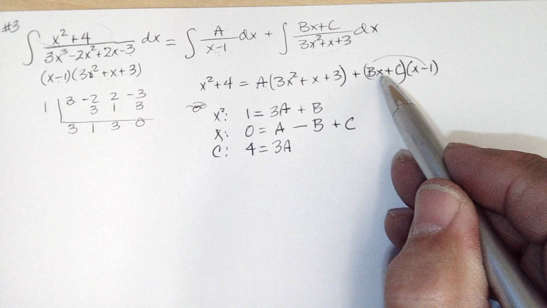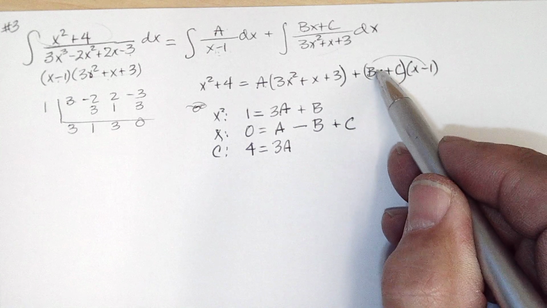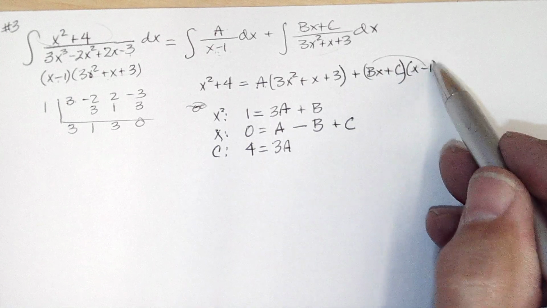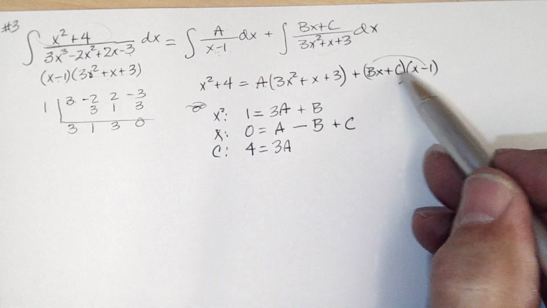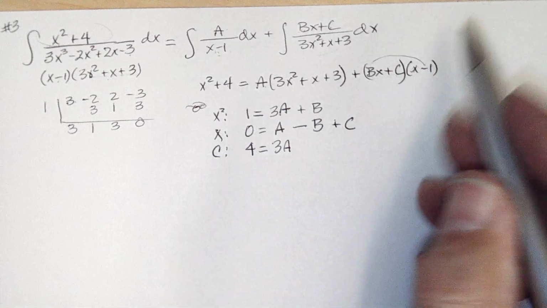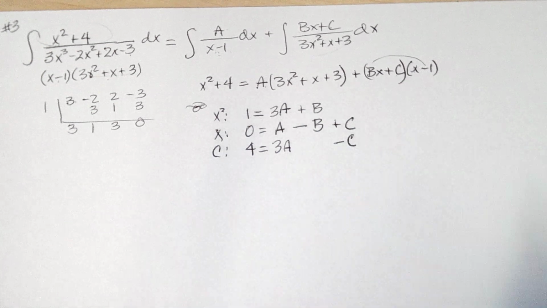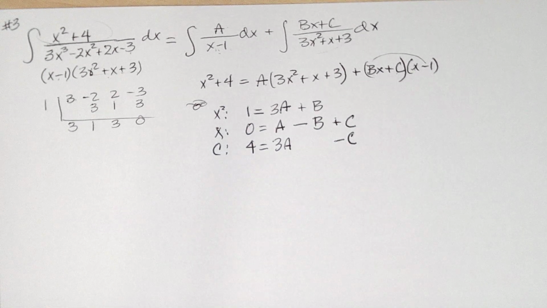Bx won't have a constant because it's got the x, and the C times the x won't, but the C times minus 1, so minus C. So there's the layout. And then I got to solve for A, B, and C.